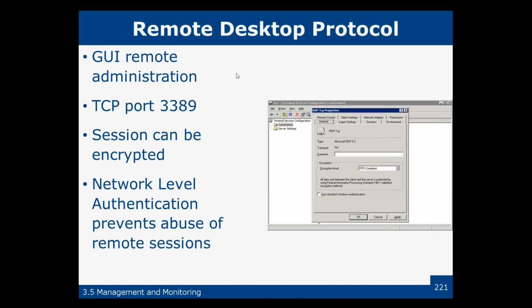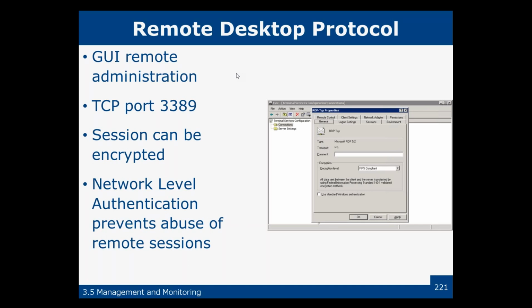Remote desktop is available to go to a server by Windows. By default, you get two remote desktop connections for management. To go to a Windows workstation, one remote desktop.